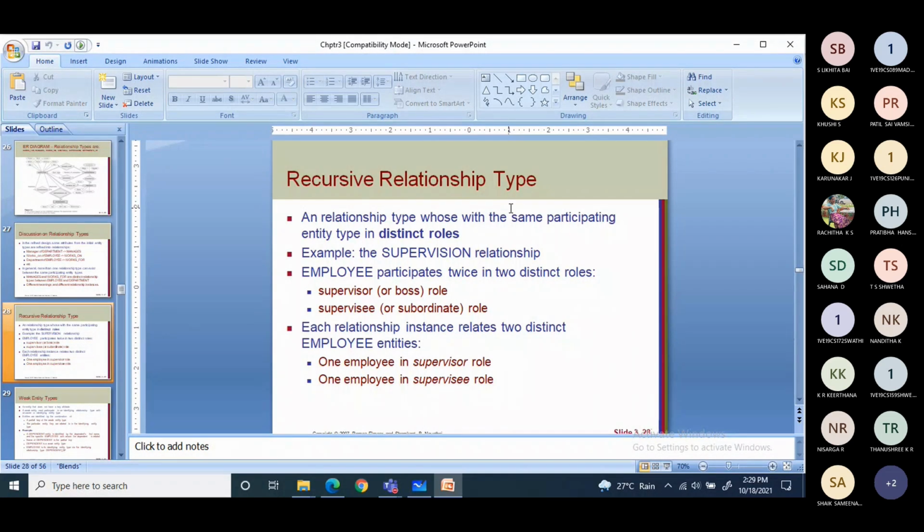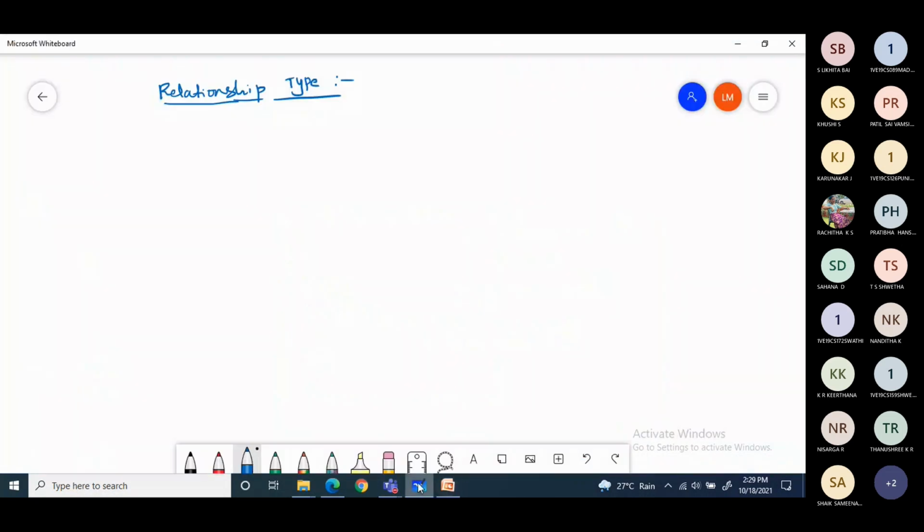Recursive relationship type. For example, what do we mean by recursive? Recursive means repeatedly calling itself. We have an example like employee.